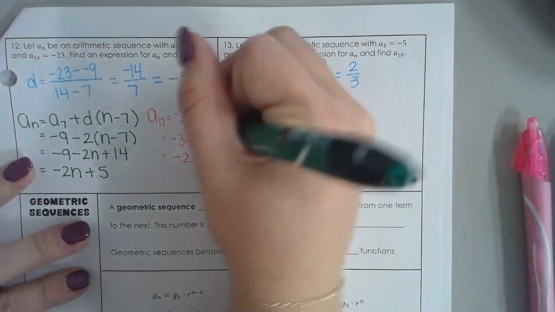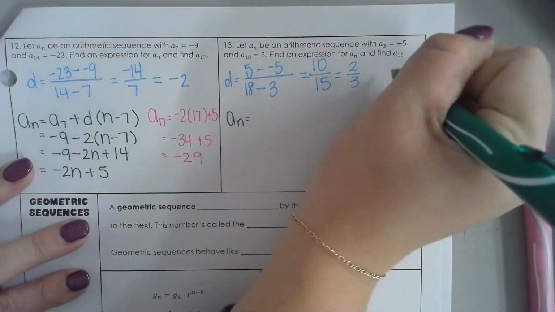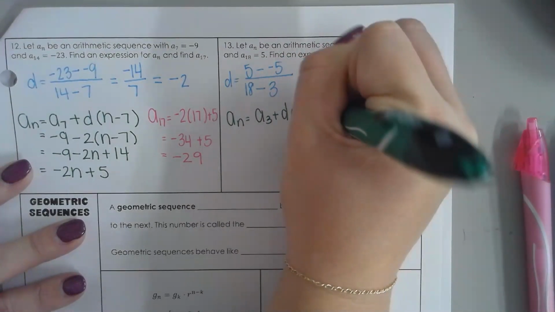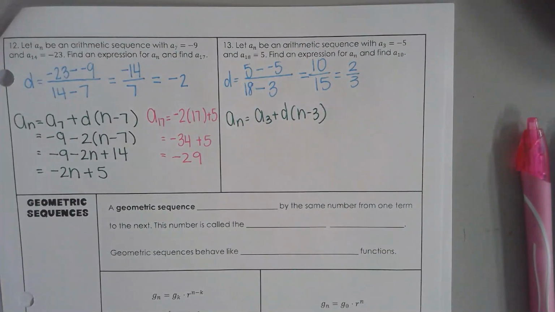So I've got my a3, so I can use that. I did a3 plus d times n minus 3.